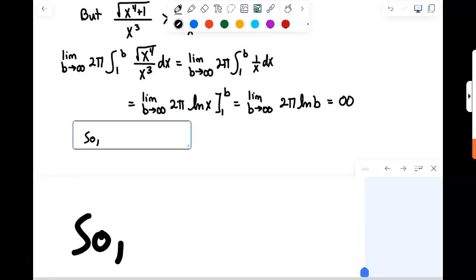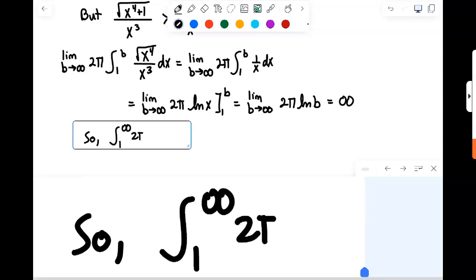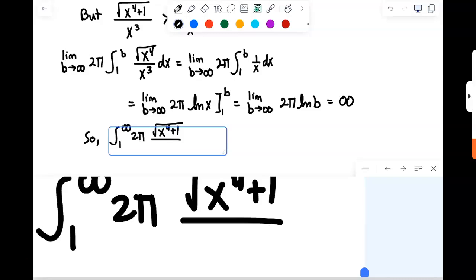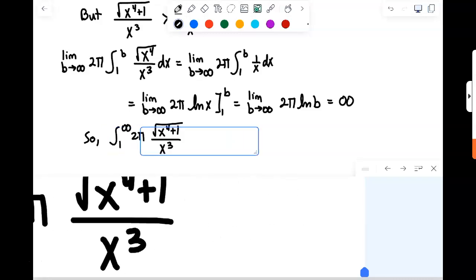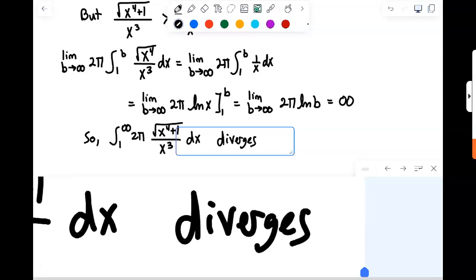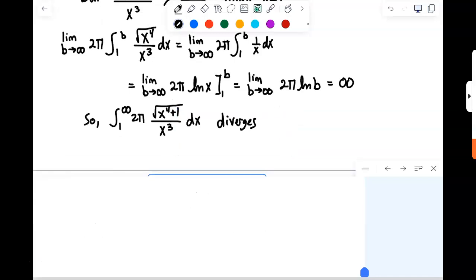So the integral from 1 to infinity of 2 pi square root of x to the fourth plus 1 over x cubed dx also diverges. And so here is this amazingly strange result.